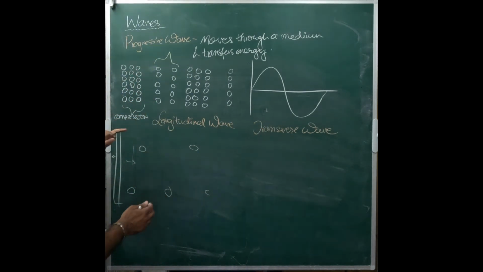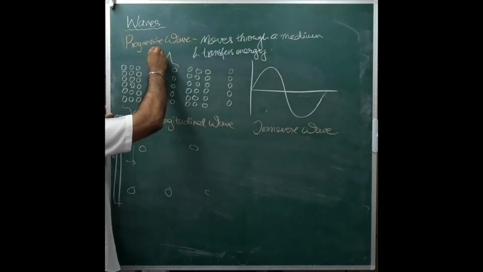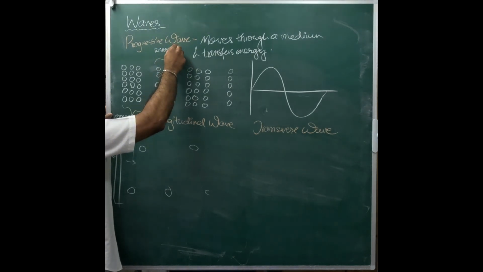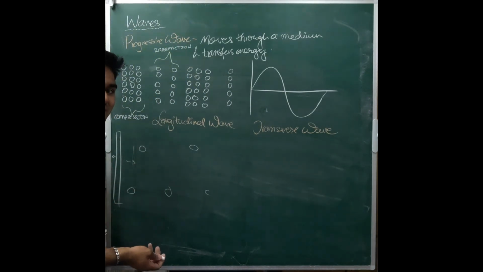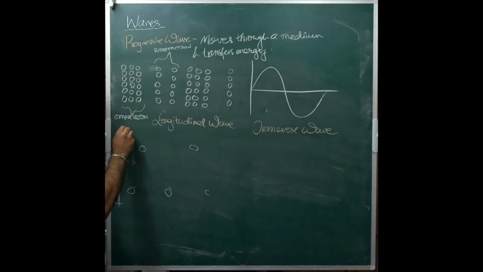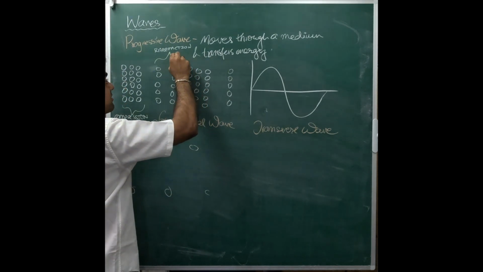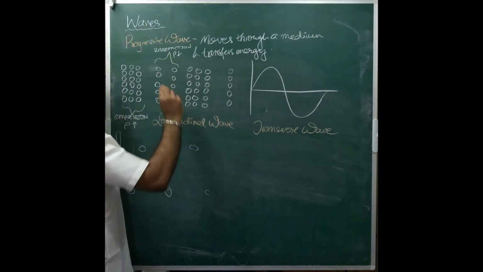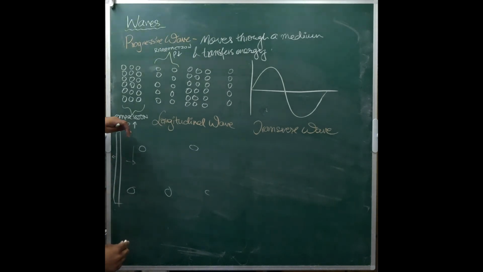This massive gap, or an area of lower density, is known as a rarefaction. So the density at a compression is high, whereas the density at a rarefaction is low. And that's pretty much it about the structure of a longitudinal wave.